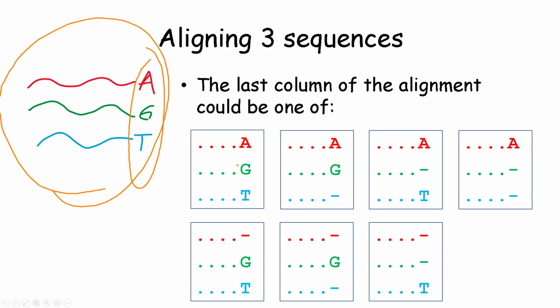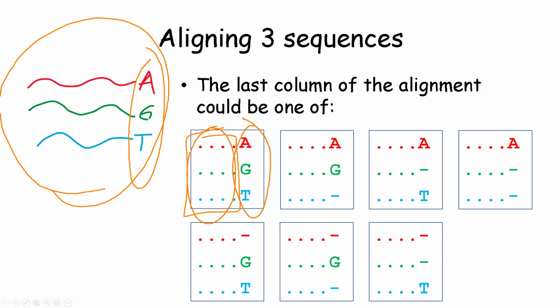For each of these 7 options, we'll assume that we somehow have already calculated the best score of aligning everything up to that point. Since the alignment score is additive, the total alignment score for each of these options can be calculated as the alignment score up to that point plus the score of the last column.